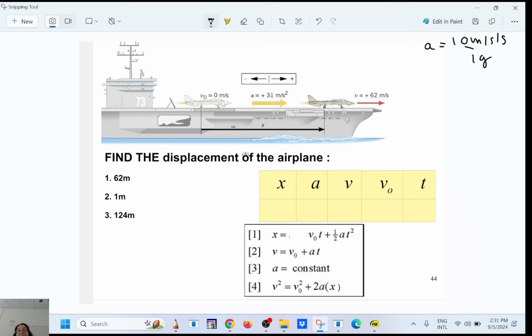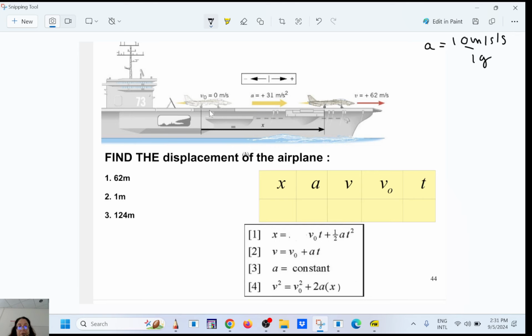If you are inside the airplane, you're going to feel 3 times your weight crushing you. You have to be a trained pilot, and you cannot go over 10 g, because the blood doesn't go to your brain and then you pass out, which could be very bad, of course.